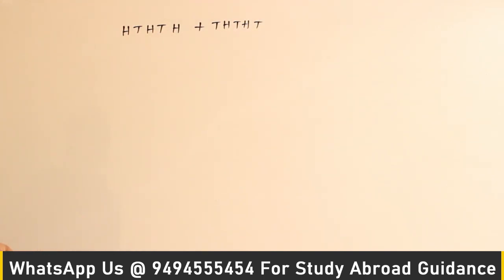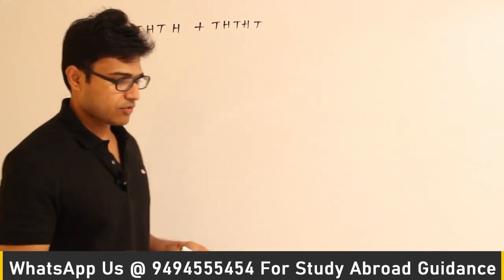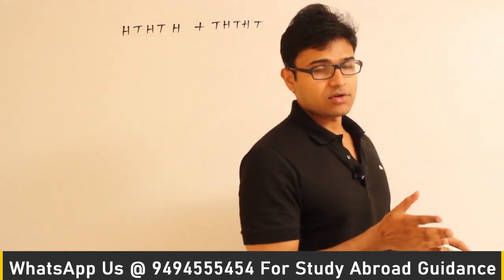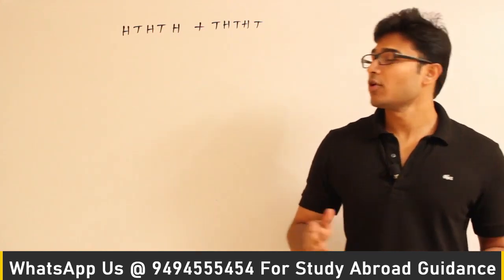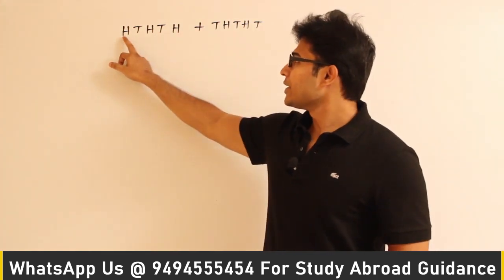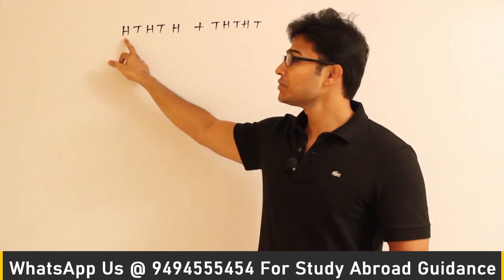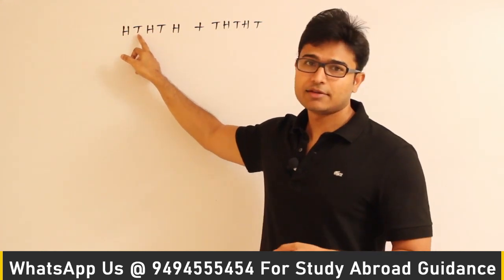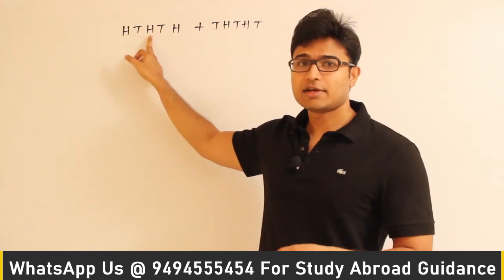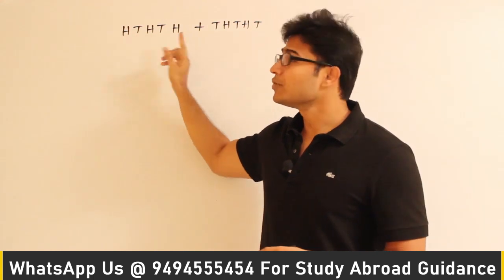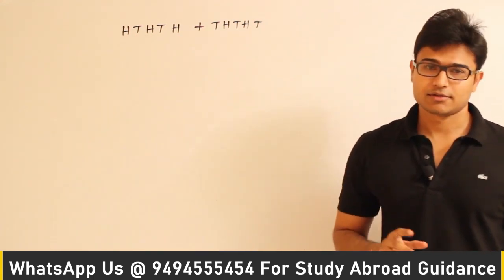Now we are going to toss the same coin 5 times, and it is a fair coin, right? And we know that when you are tossing a coin any number of times, all the events are independent, which means if you want the probability of having a head in the first trial, intersection having a tail in the second trial, intersection having head in the third trial, it is nothing but multiplication. Got it?